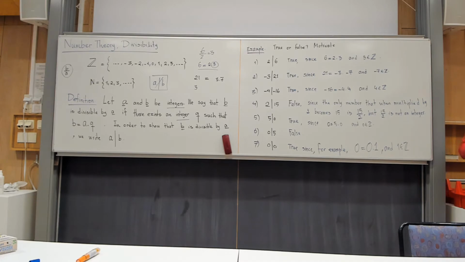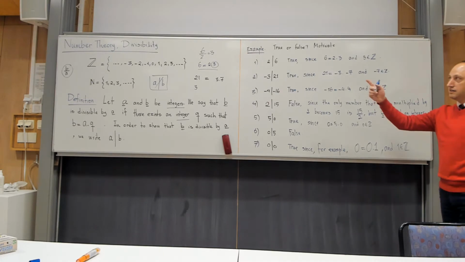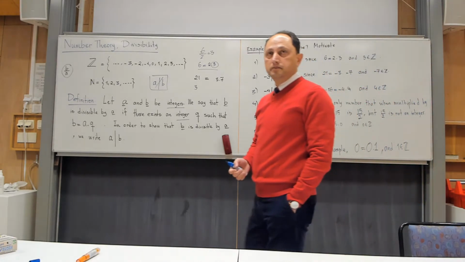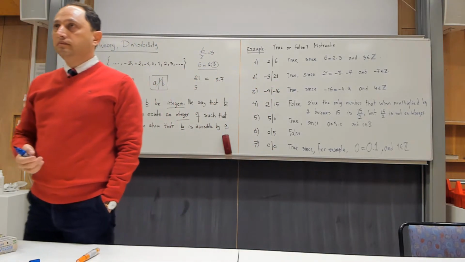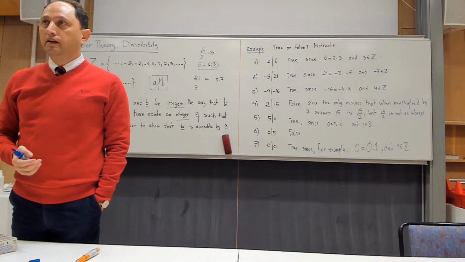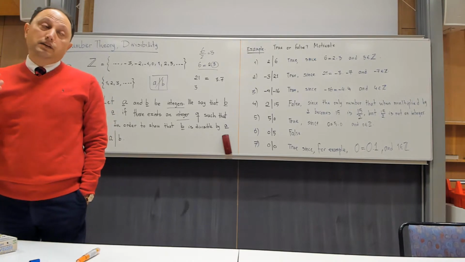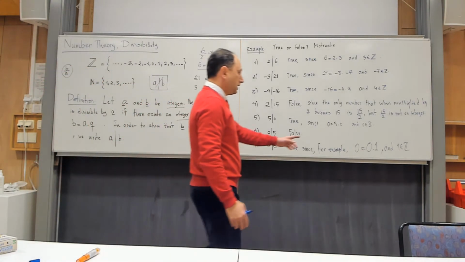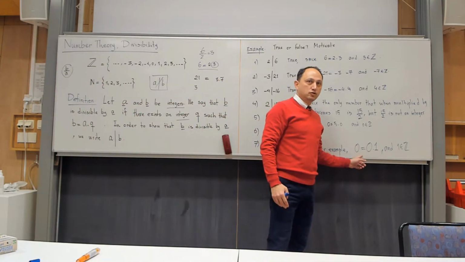So this is the way that you need to define divisibility in number theory. Yes? You can also choose any real number, right? What does that mean? Of course, if I choose any real number, this equality is still true.